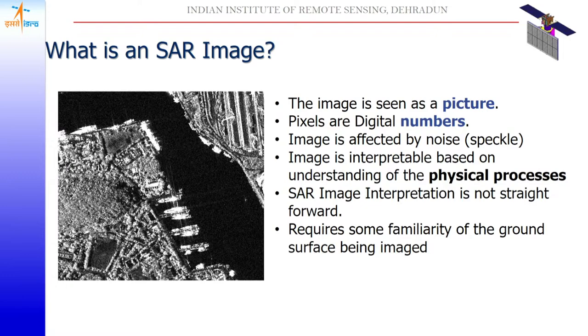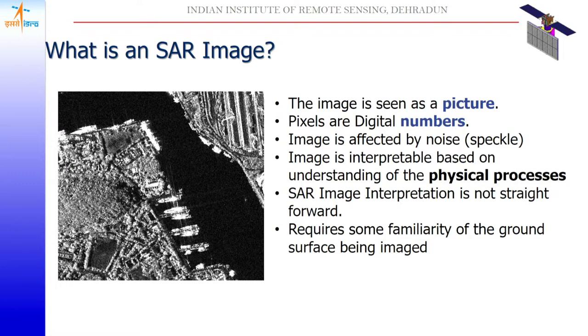So we have to know about these scattering principles for the different features of the target. So SAR image interpretation is not straightforward. We have to have some knowledge of the physics behind it, and it requires some familiarity of the ground surface being imaged. So we should have some prior knowledge of what target we are seeing.